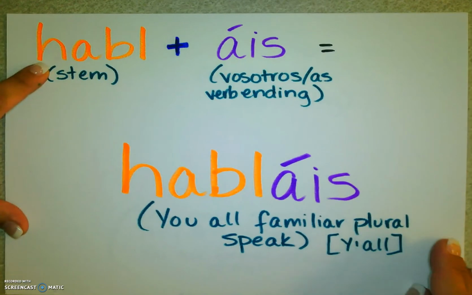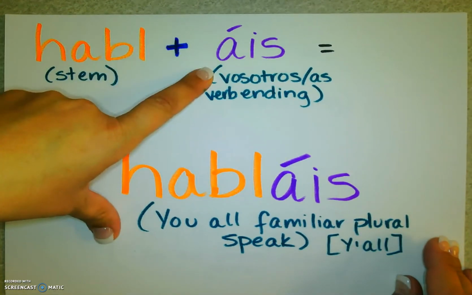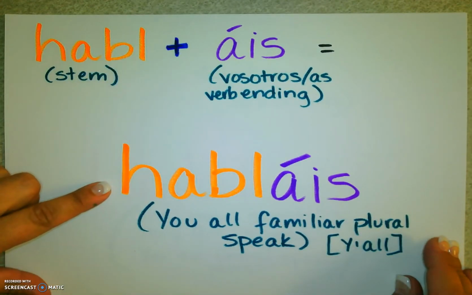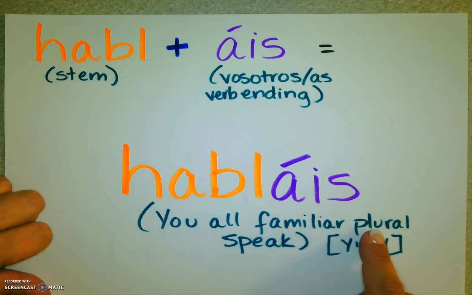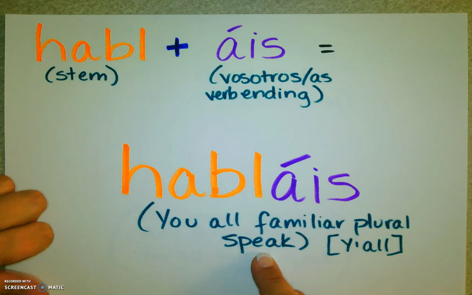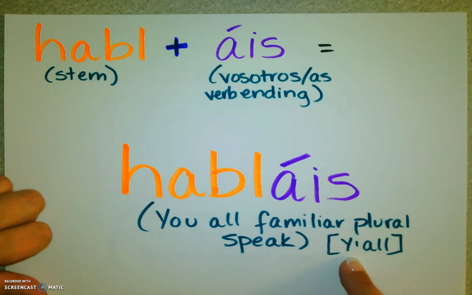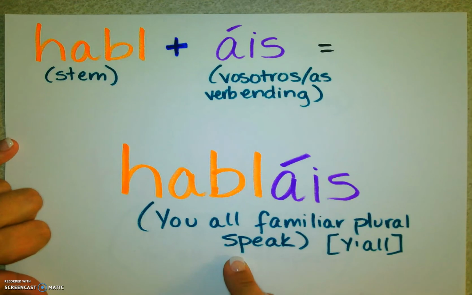Habl plus áis gives us habláis. You, all familiar, plural, speak. A good way to think about this is, in English, very informal, very casual, y'all. Y'all speak. It's a large group in an informal way to address them.